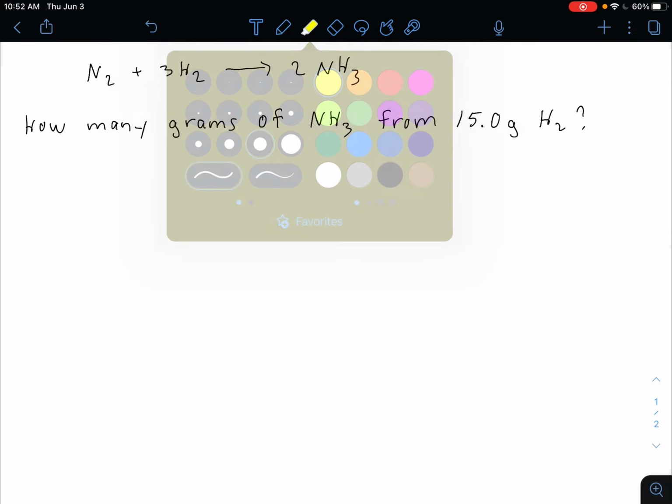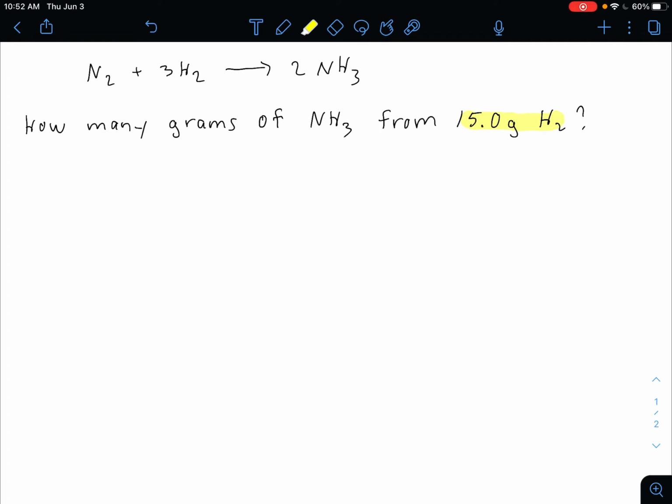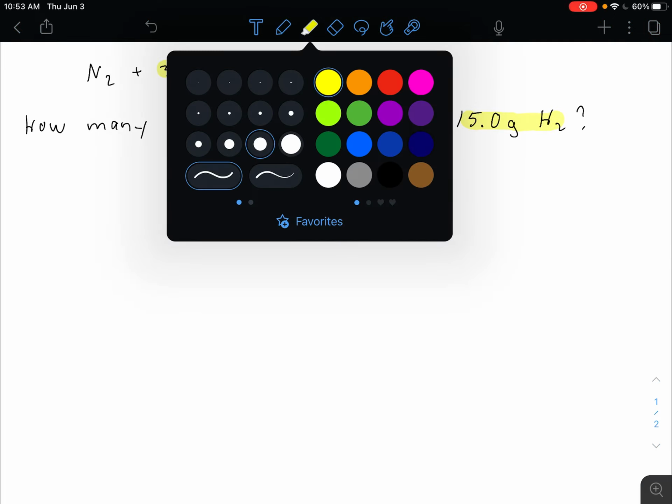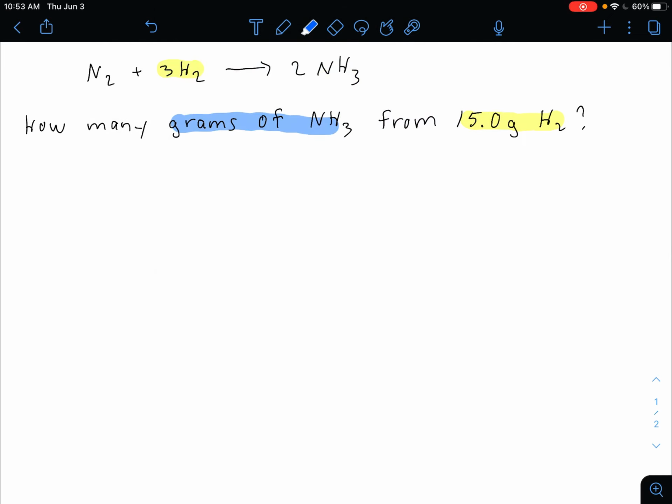All right, so my reactant amount, H2, here it is in the equation. Then my product question is about grams of NH3, which happens to be the only product in this case, so that's what we've got there.